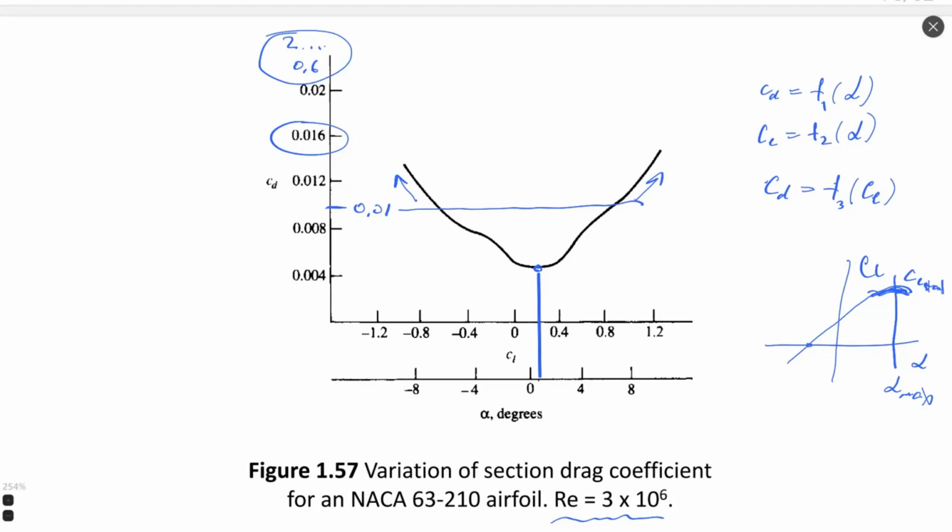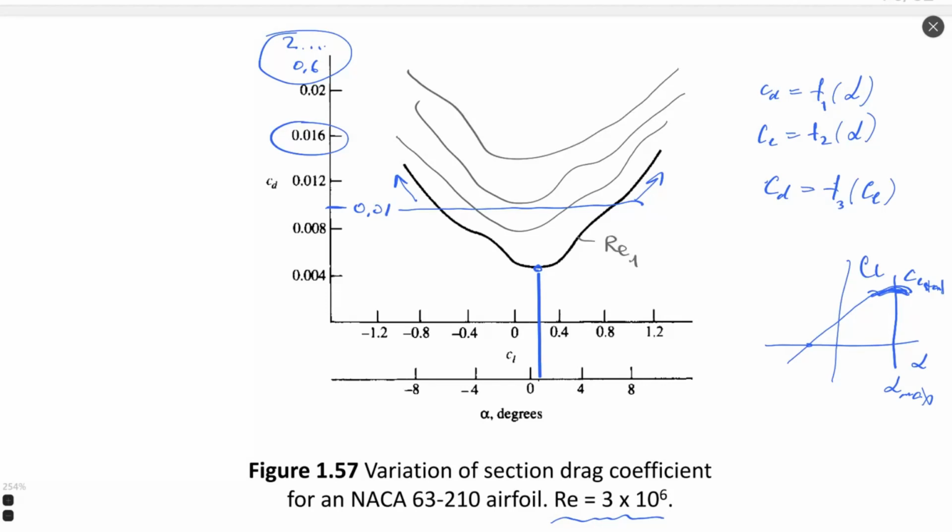Let's just speculate. I do not remember exactly how the Reynolds number variation is for this airfoil, but I will just speculate that if we change Reynolds number, the curve would go like this. For different Reynolds 1, Reynolds 2, and Reynolds n, different values.